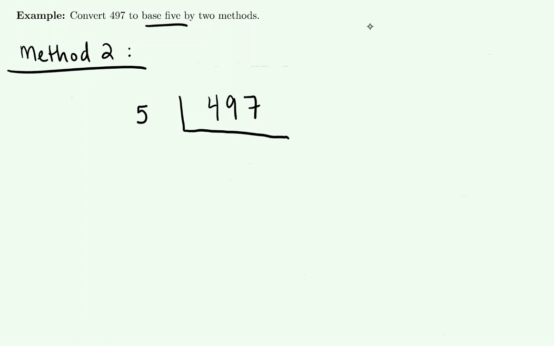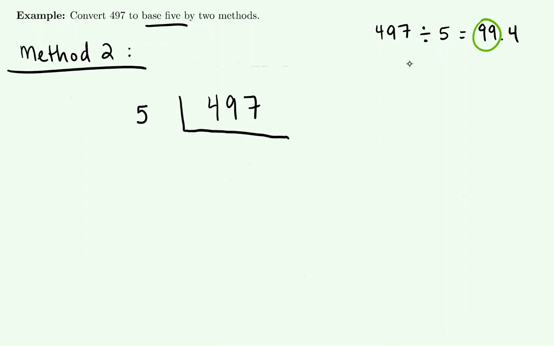And then in your calculator, you are going to take the number that you're trying to change to a different base, and divide it by the base you're interested in. When I type this into my calculator, I get exactly 99.4. So what this means is it goes in 99 times perfectly, and now we need to see exactly how much is left over. The 0.4 as a decimal is not as helpful to us.